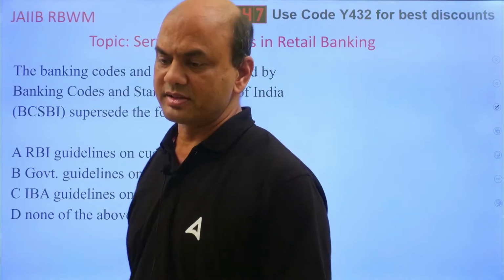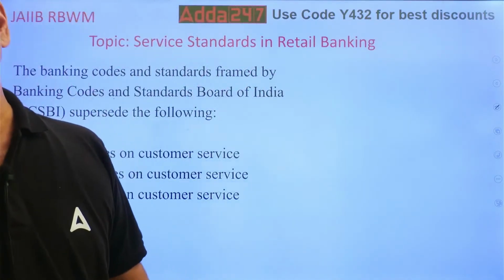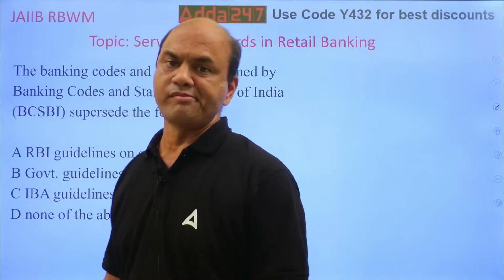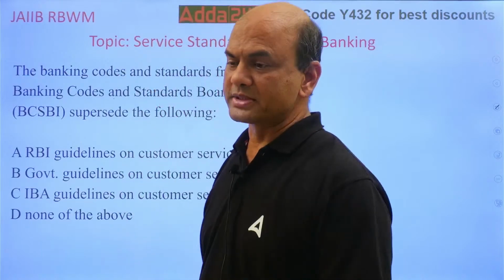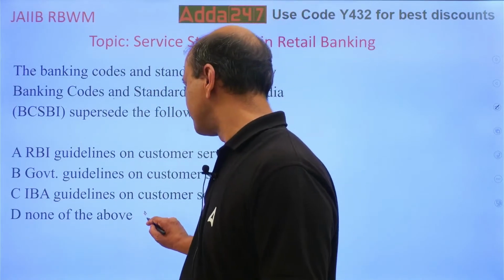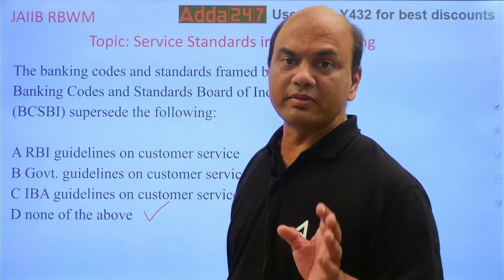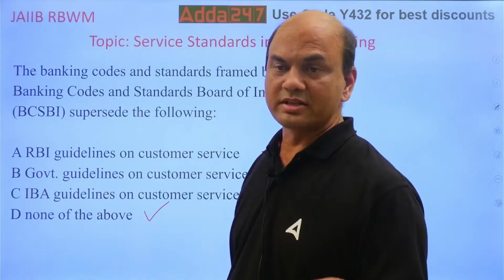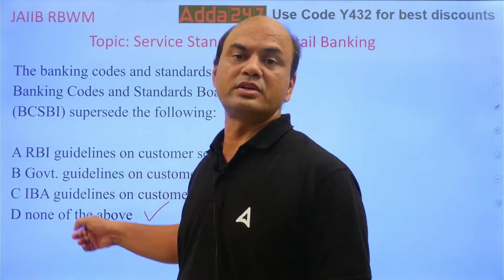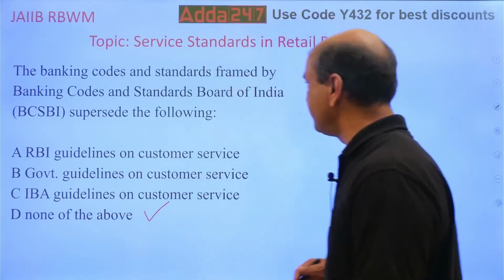What does it supersede? It supersedes none of the above. It can't supersede anything. It is the minimum level of standards. It is not a contravention to any of the guidelines.